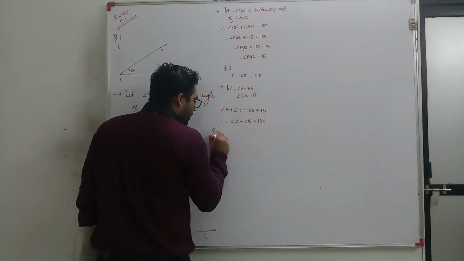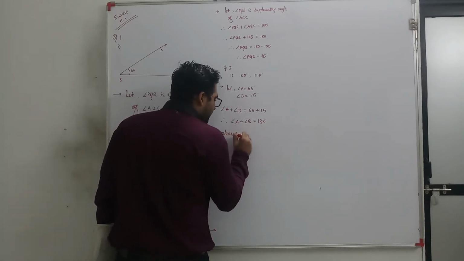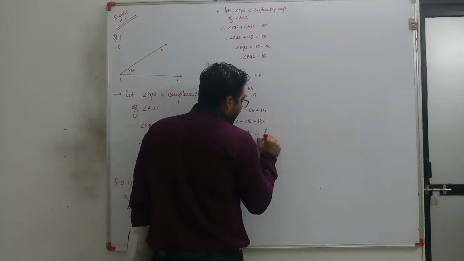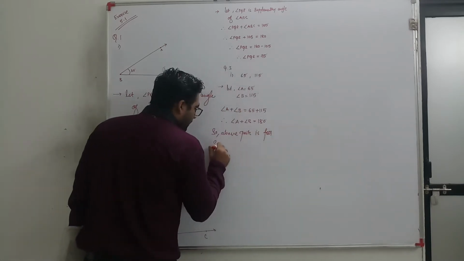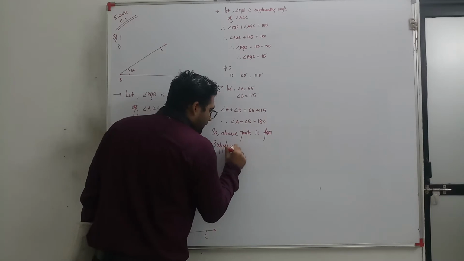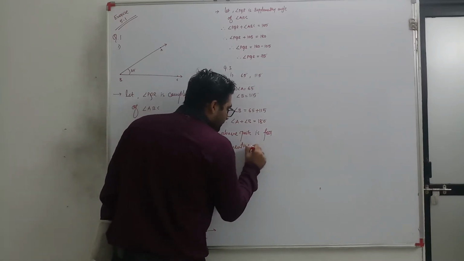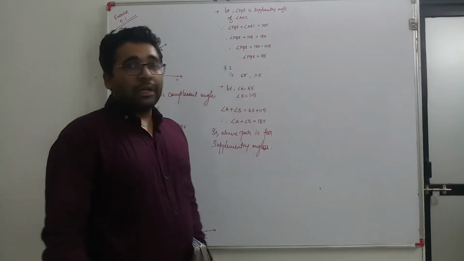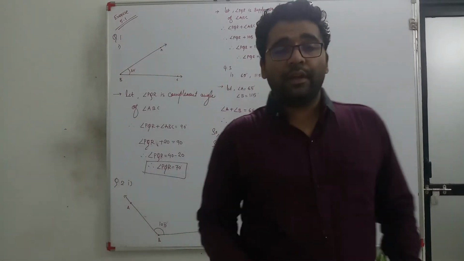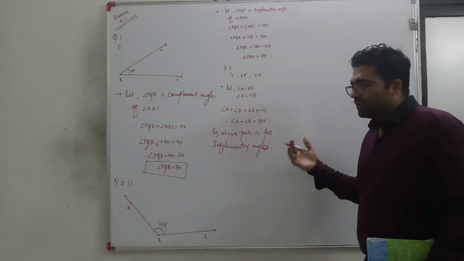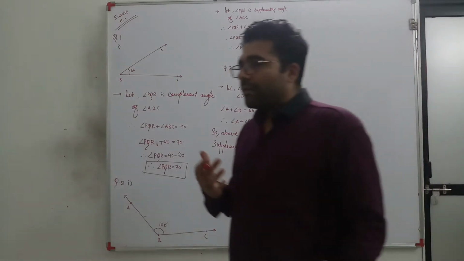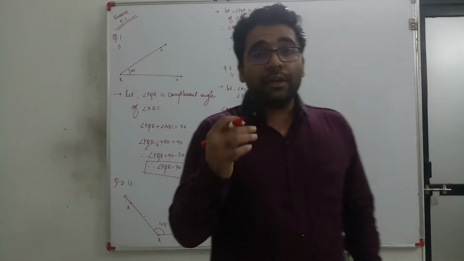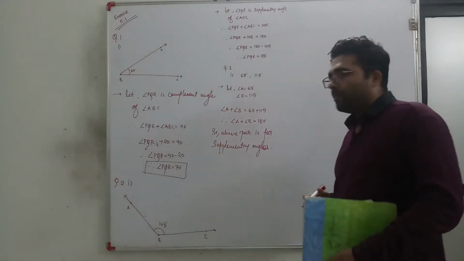So the above pair is supplementary angles. Clear? I hope you understand how to solve this question, because you can solve this orally also, but here I want the solution in a proper method. So this is the proper method.